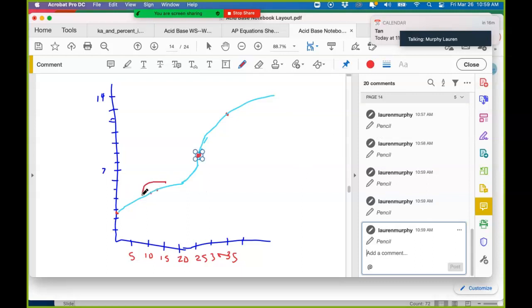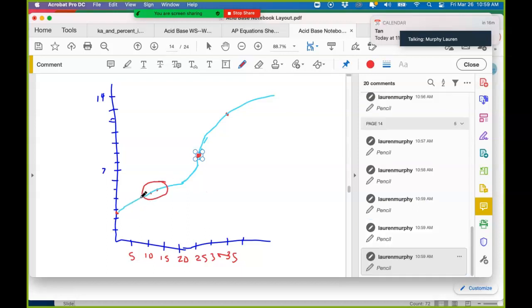This right here is your buffer region. Okay? The pH is just a gradual increase. And the other one it was like, vroom. This one's like, okay? We've got a basic pH, 8 point whatever. And again, that happened because our salt was basic.